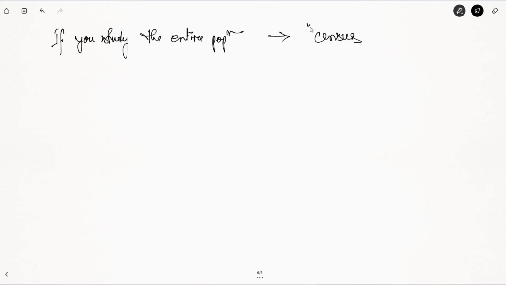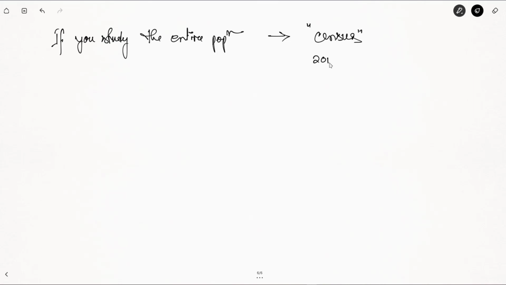Now speaking of which, if you study the entire population, then it is called a census. The word is census, and I guess you already heard it because this happens at every 10 year interval in India.